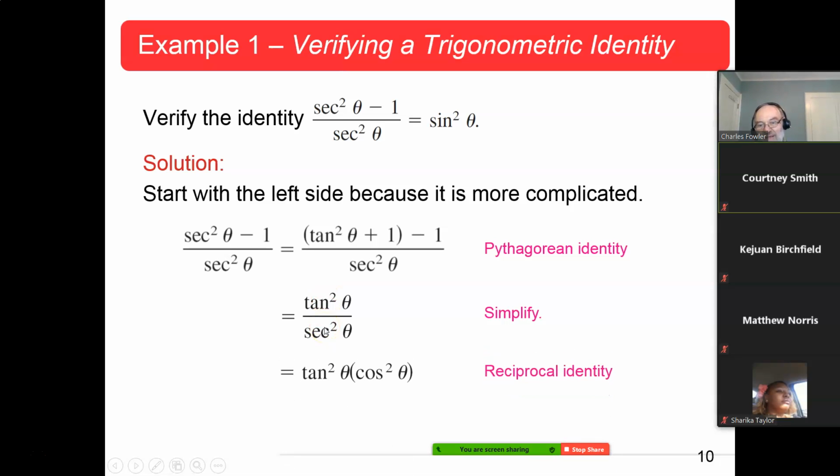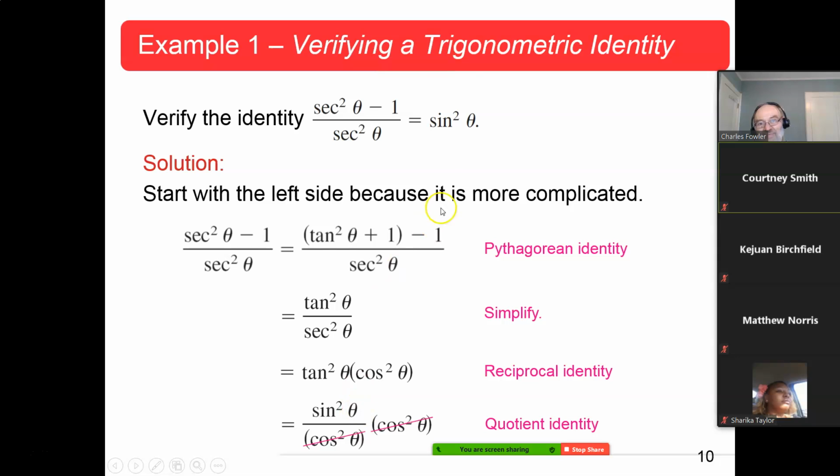Now get in terms of sines and cosines. I would have gone straight to sines and cosines here. This is sine squared over cosine squared divided by 1 over cosine squared, which they sort of did here, and sine squared theta over cosine squared theta times cosine squared theta.